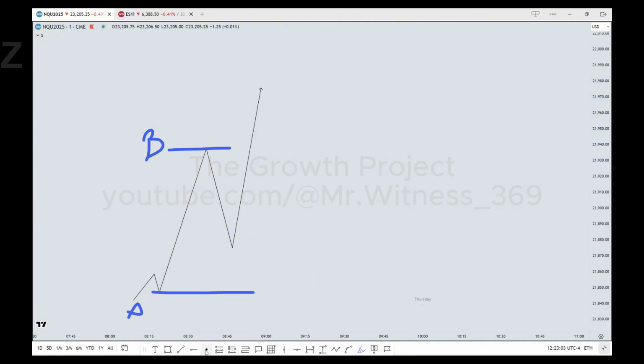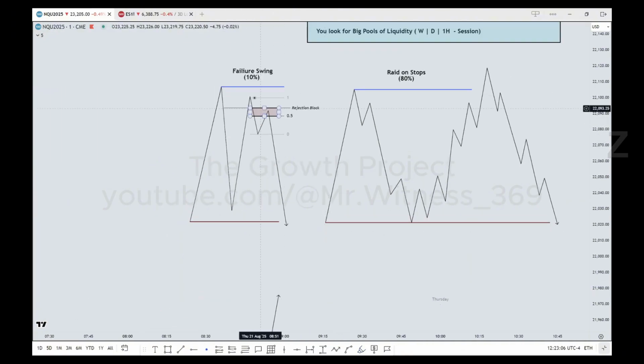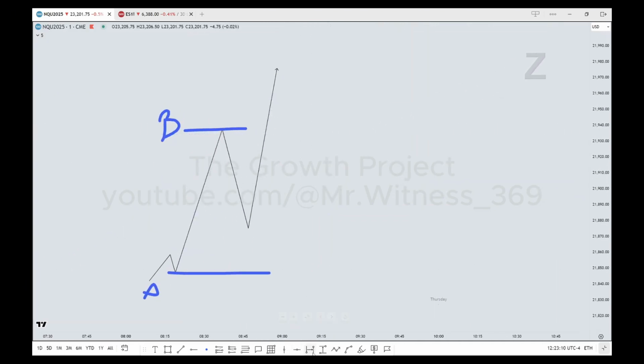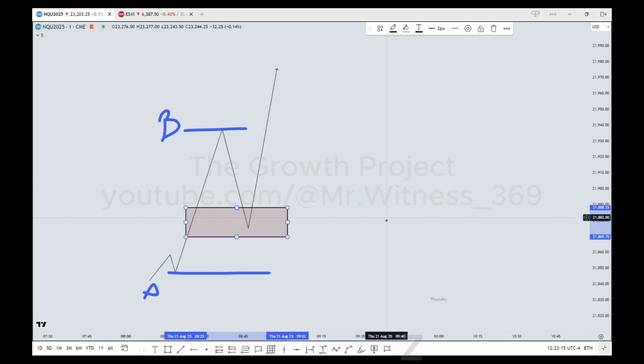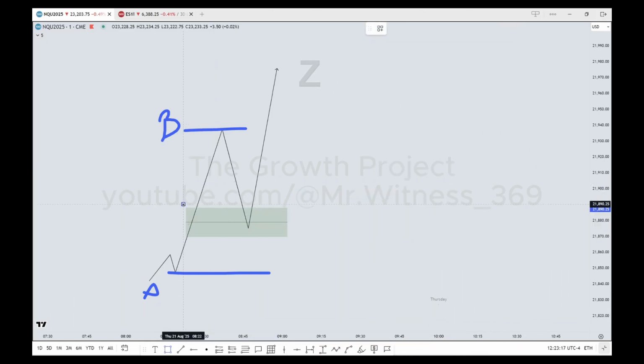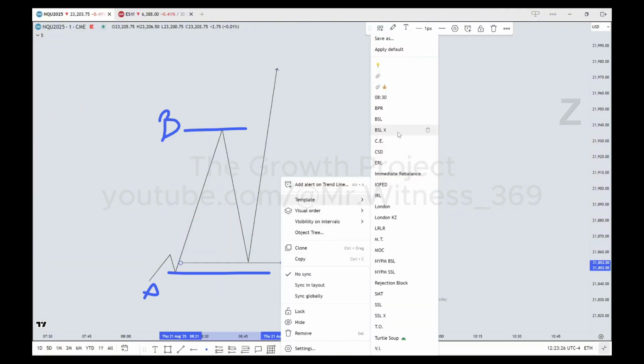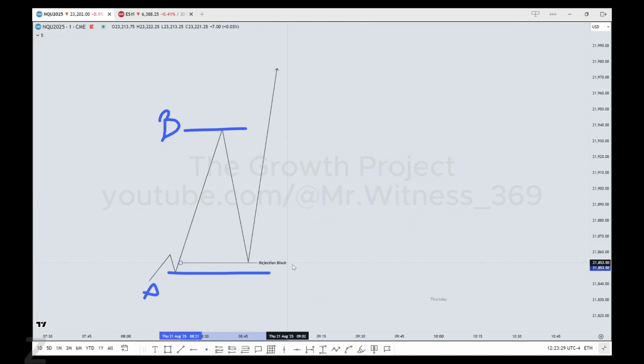No problem, brother. But the failure swing is going to do the same, but this is not a retracement because it's not going to take place from a fair value gap like normally would. Remember the expansion retracement model? Or from another block. It's going to take place from way under, inside of a rejection block, and or a consequent encroachment of a wick.